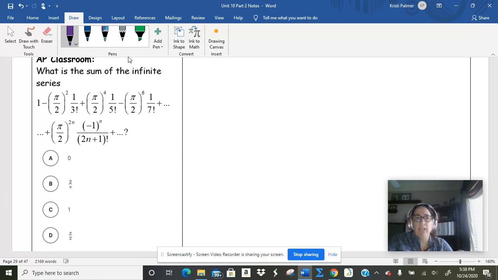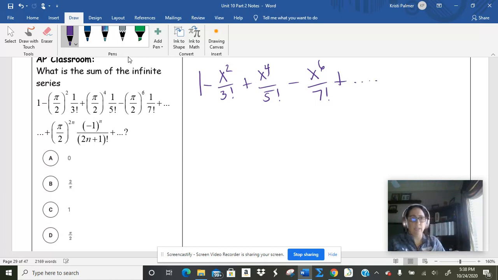So if they hadn't plugged in a pi over 2, what does that look like? 1 minus x squared over 3 factorial, x to the 4th over 5 factorial, x to the 6th over 7 factorial. So it looks like this, and then they plugged in a pi over 2, so kind of like f of pi over 2, and this is my f of x.